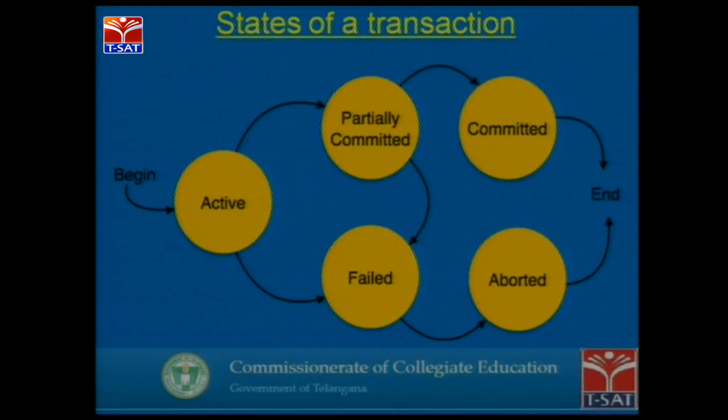And sometimes due to some accidental reasons, the transaction may fail, and thereby it may be aborted for a restart. So these are some of the states which explain how a transaction starts its activeness, how a transaction is aborted due to some accidental reasons, or how a transaction succeeds depending upon the situation.